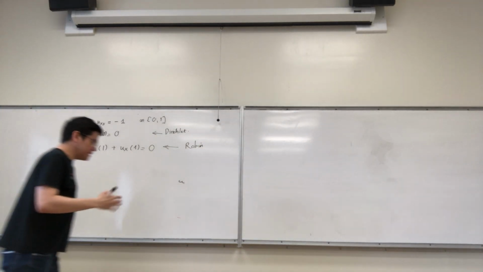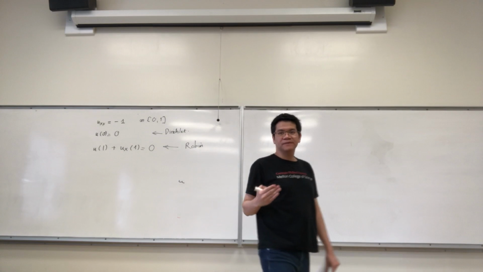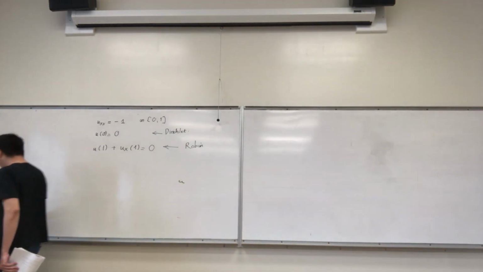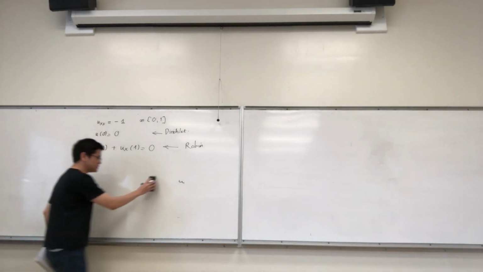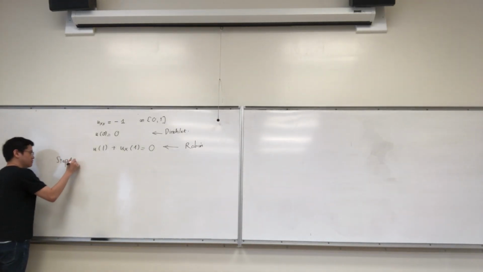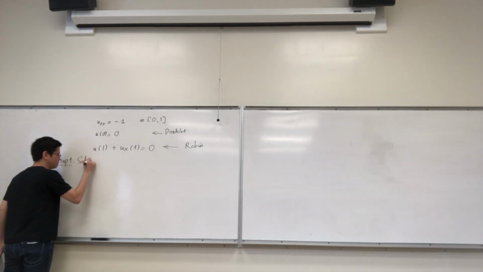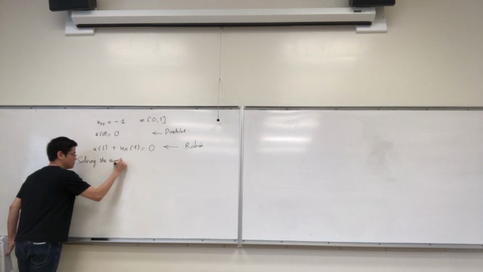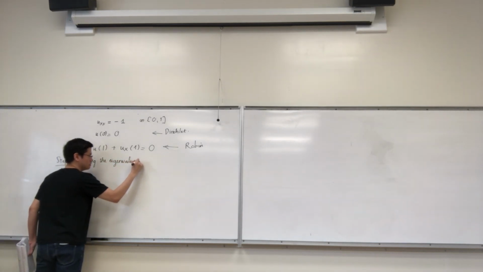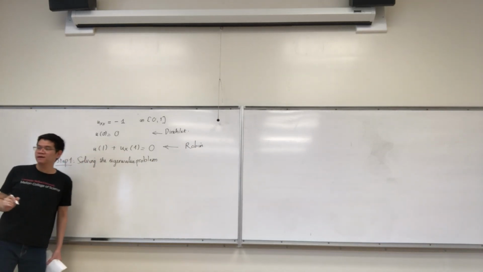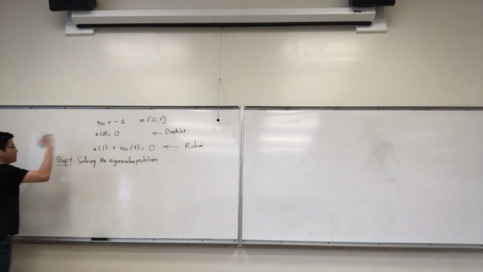So in the previous class, what we were trying to do was to solve the eigenvalue problem, right? So this is step number 1, solving the eigenvalue problem. All right. So what is the eigenvalue problem?